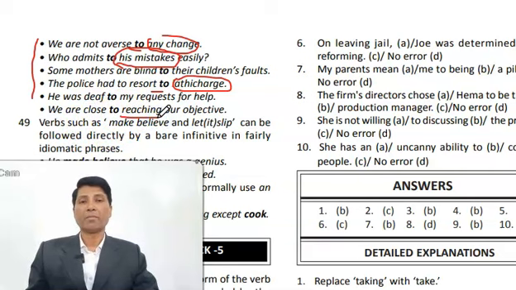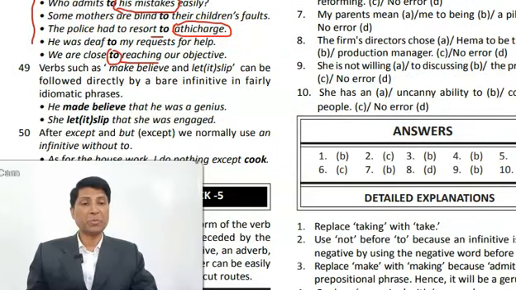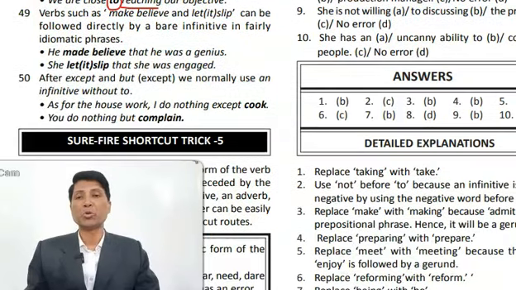So here the word "reaching" is not the basic form of the verb. It is a gerund. Right? Why is it a gerund? Because this "to" is not a particle. It is a preposition. So this needs to be kept in mind, especially when we are going to do practice.